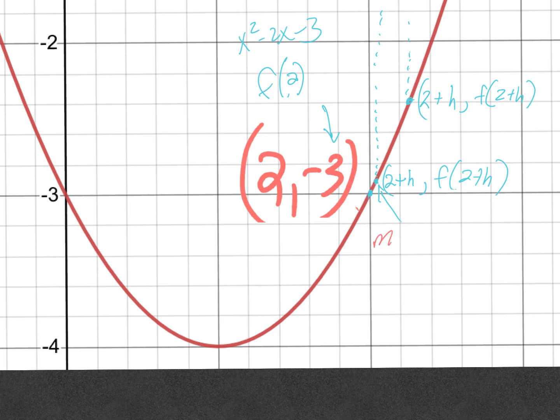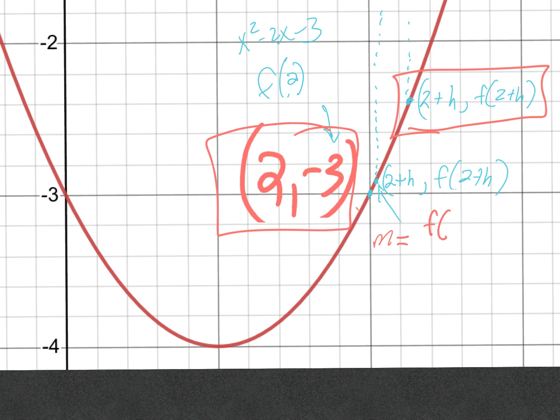So what's my slope going to be? Slope is going to be y2 minus y1. So my y2 between these 2 points, I'm going to take this point and this point. My y2 is f of 2 plus h. My y1 is f of 2.